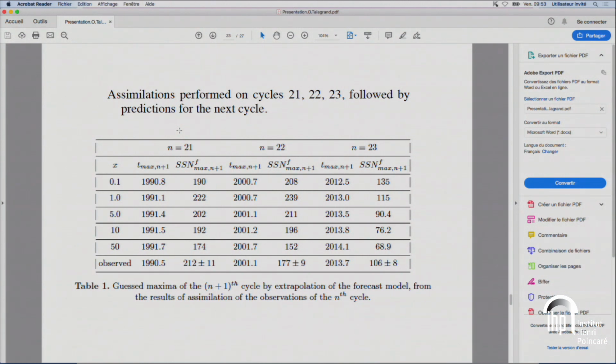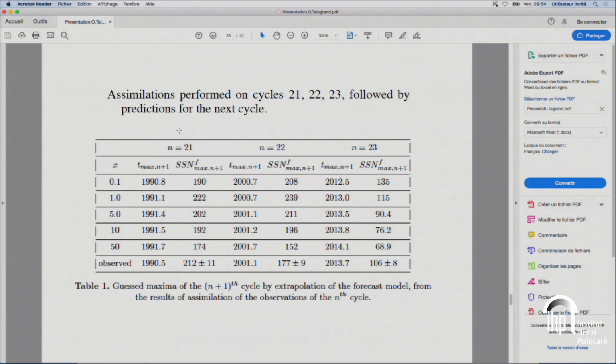So the different length of a cycle has been predicted. The fact that the maximum between cycle 23 and cycle 24 was much larger in length of time than the previous cycles has been predicted, if you look at the values that were predicted.